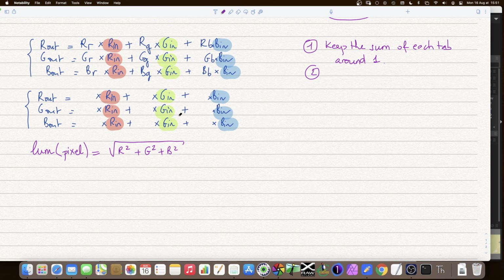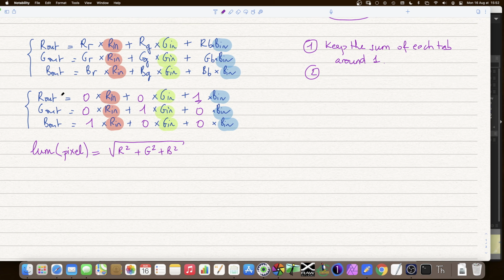Well, the channel mixer can do that, they say. Okay, well, if you have a look here, if I want to swap the red and the blues, then all I want to do is say the red out is equal to the blue in, and 0, 0. The green out, I don't want to change that, so I'll put it equal to the green in and 0 out the 2 others. And I say the blue out is equal to the red in, and 0, 0.